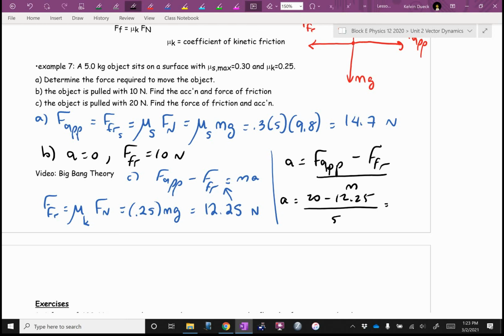Times by 10 and divide by 2 would work. So 7.75, 77. No, that's way off, Mr. Dewick. Divide by 10 and times by 2. It's going to be 0.775 times 2. 1.4, 1.55? No, I'm off. Is it? No. That was more of a fluke.